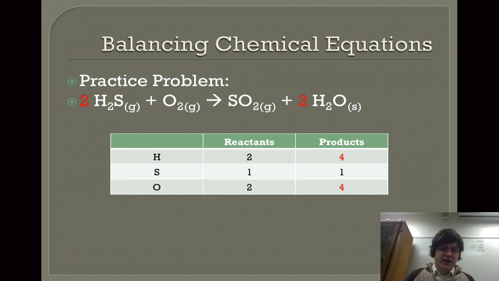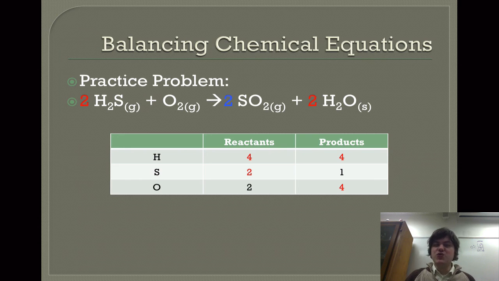To balance out hydrogen, I place a 2 in front of the dihydrogen sulfide, and that increases the hydrogen on the reactant side to 4 and increases sulfur on the reactant side to 2. Now we have an increase in that sulfur, which causes an imbalance. We need to look at how to up the sulfur count on the product side.